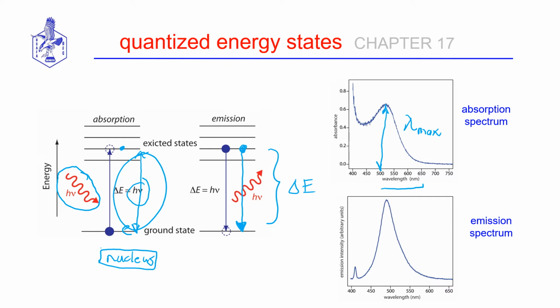So with an emission spectrum, when we plot the intensity of the emitted light as a function of wavelength, you're going to see a maximum occur, once again, at a particular wavelength for that emitted radiation that correlates to the energy of the photon given off.